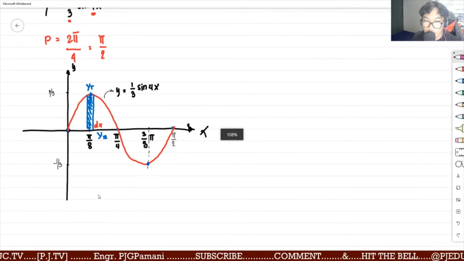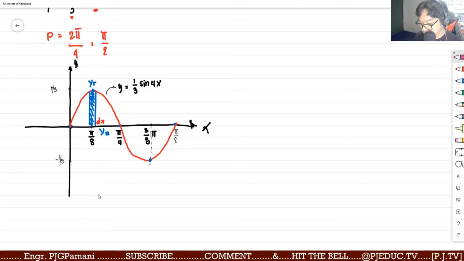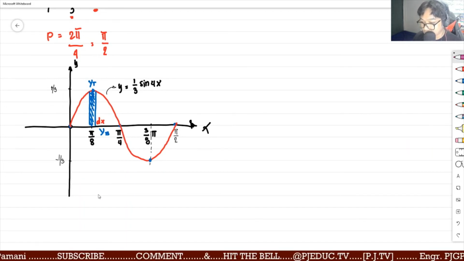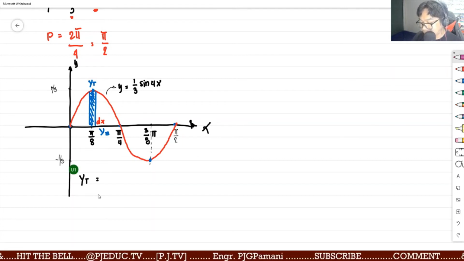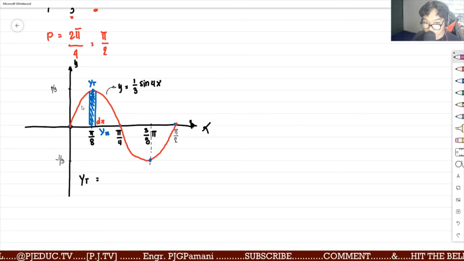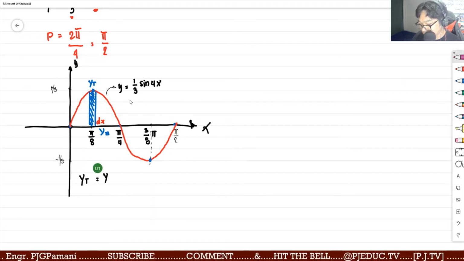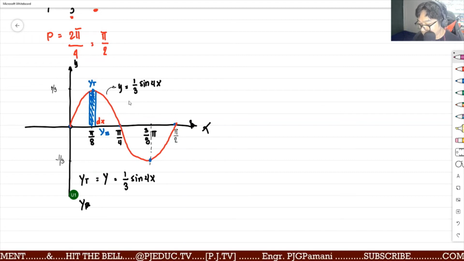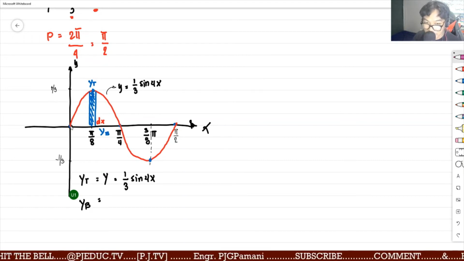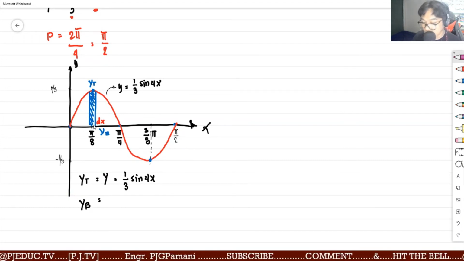Then from that, again, let us consider vertical strip, y top, and y bottom. Hanapin natin yung equations ni y top and y bottom. Y top, that is simply your section of the sine curve, which is equal also to 1/3 of sine 4x. And y bottom is the section of your x-axis at the point of origin, which is simply equal to 0.